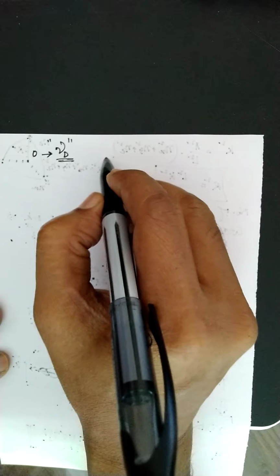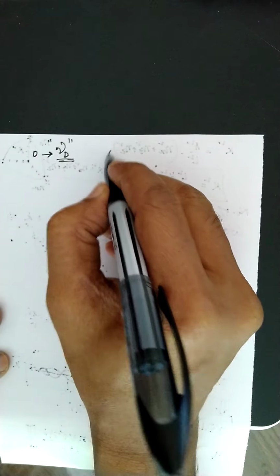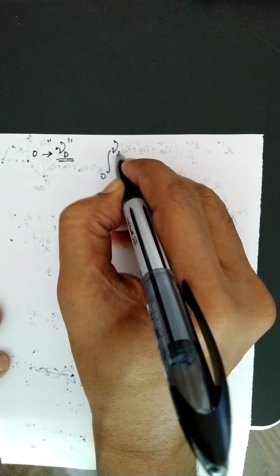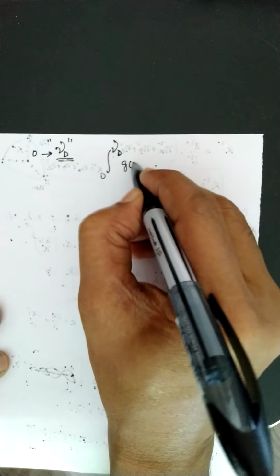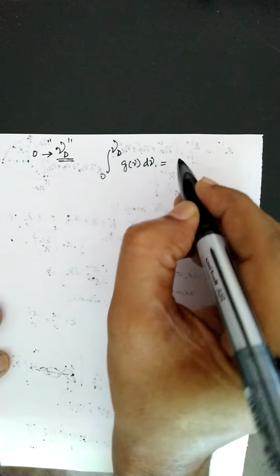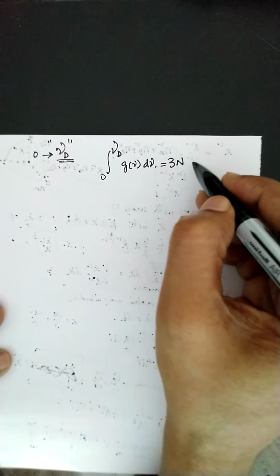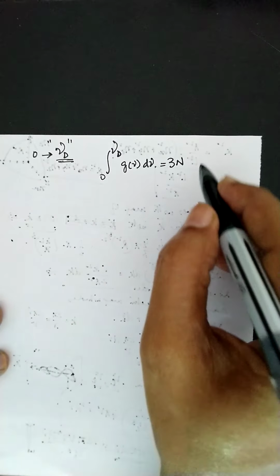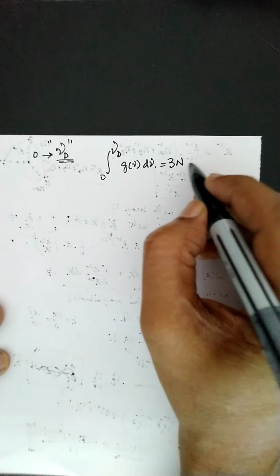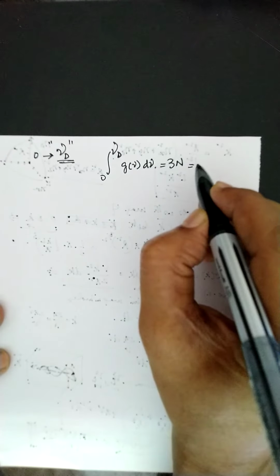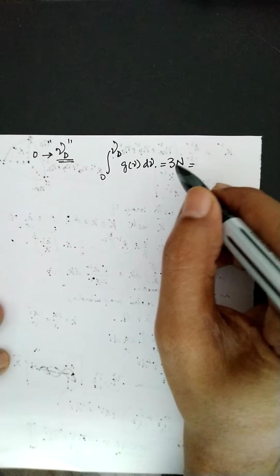And then he has to satisfy one particular condition: the integration of this g nu d nu cannot be violated. So that must equal 3n, actually 3n minus 6, but for all practical purposes 3n when n is very large.